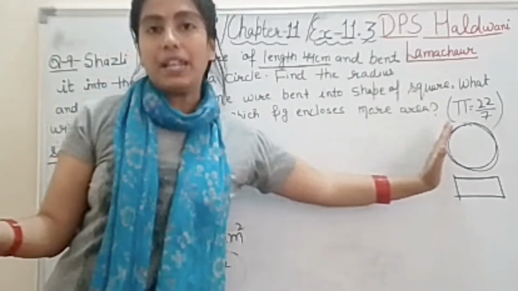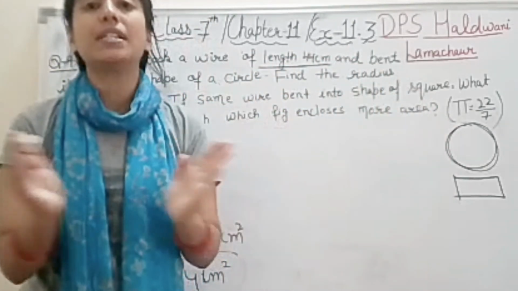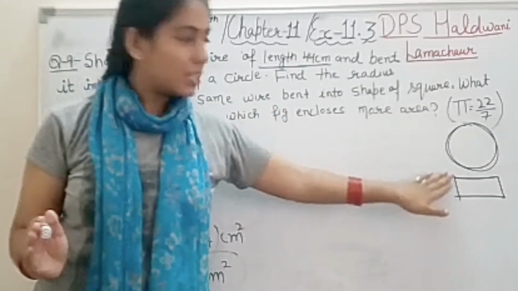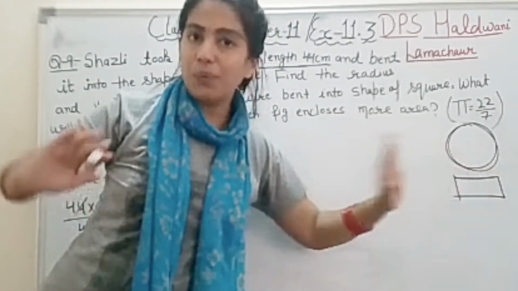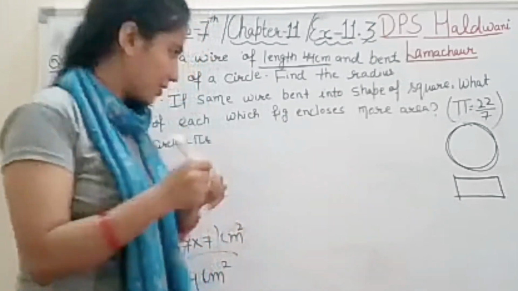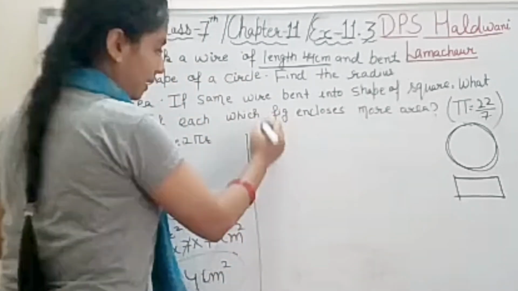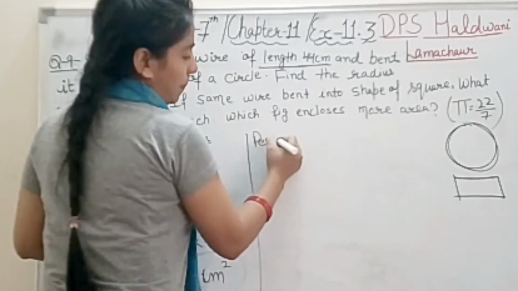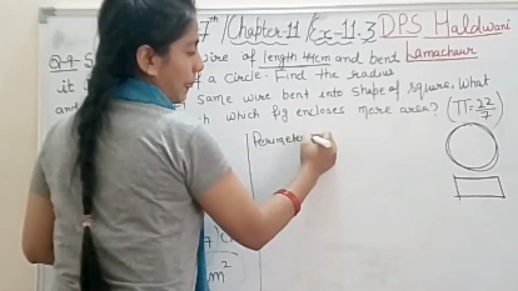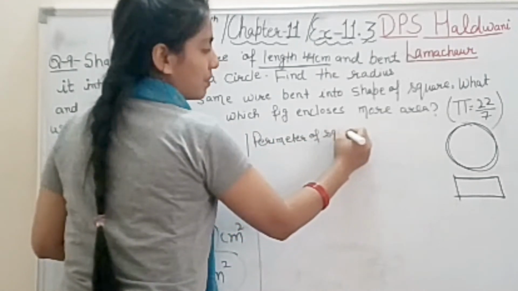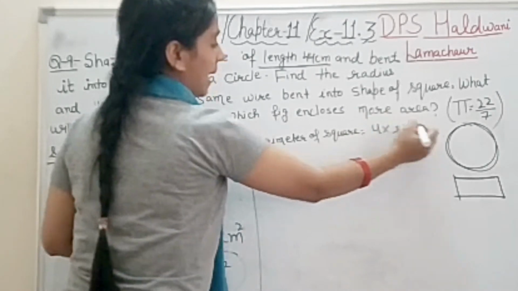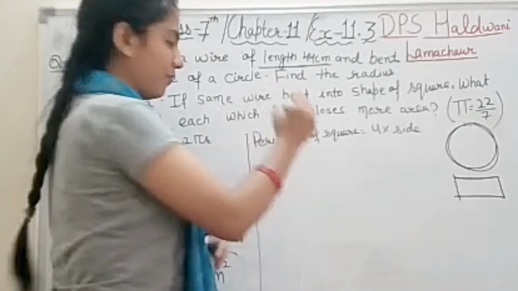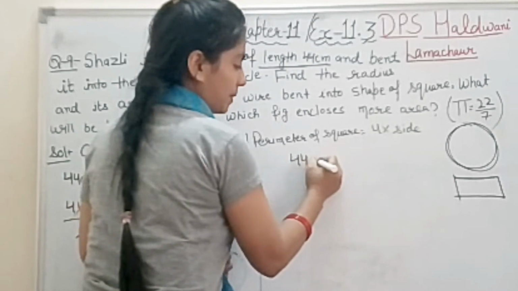Now this same length of wire is converted into a square. If converted into a square, the total length will not change, means the perimeter of the square will not change. So for the square, what is the perimeter of a square, student? 4 into side, the sum of all sides. And perimeter, the total length, we know is 44 centimeter.